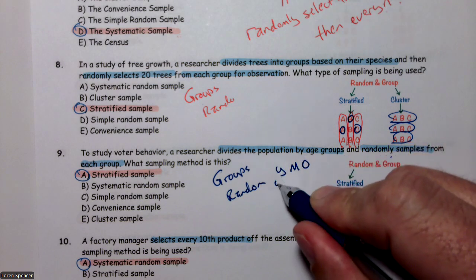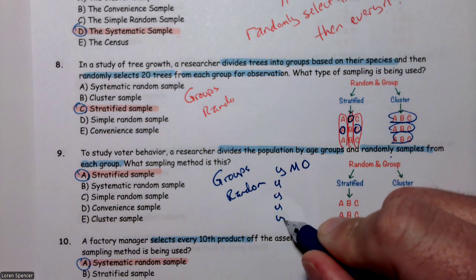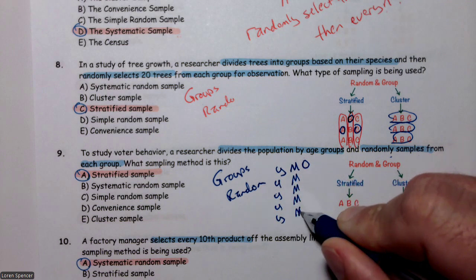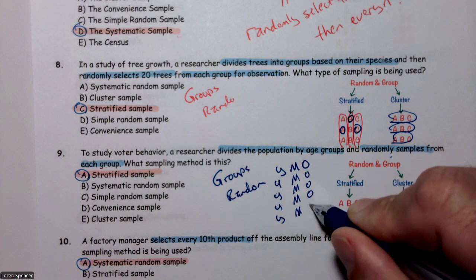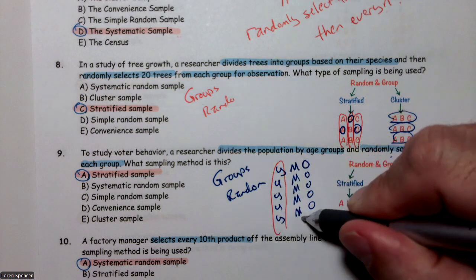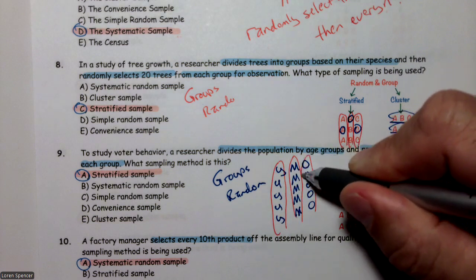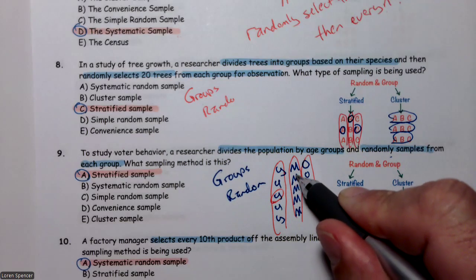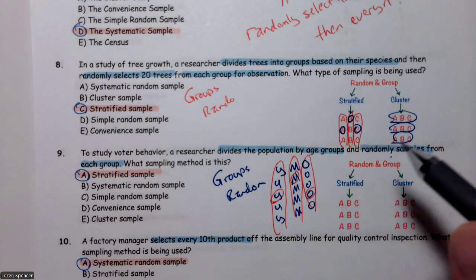So this group is all young people. This group is all middle aged. And this group is like me, it's old. So when I look at this, that's my strata. It's all young people, all old people. And then I randomly selected, maybe here, I selected this one and I selected that one.